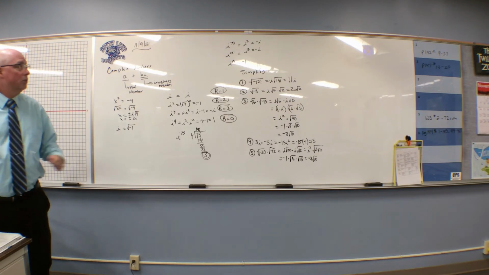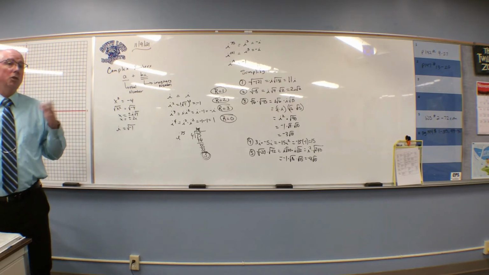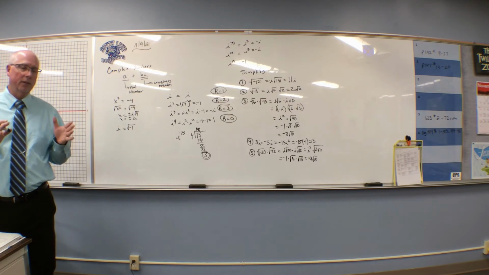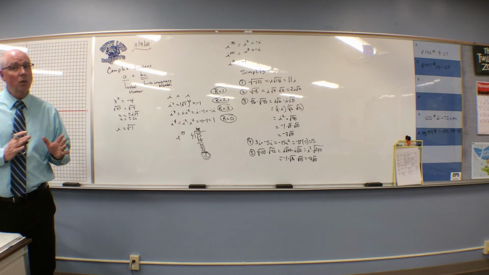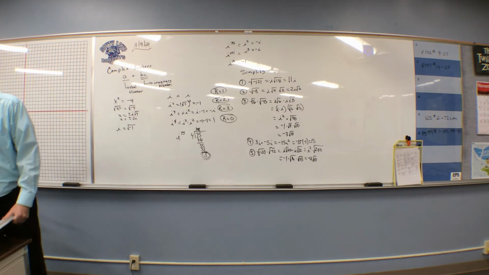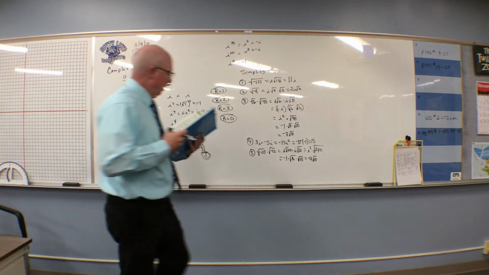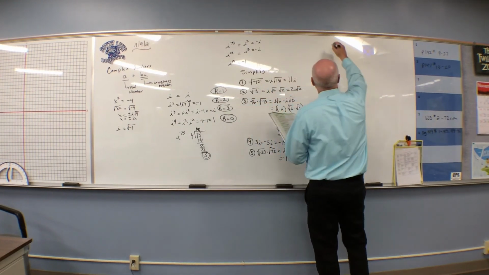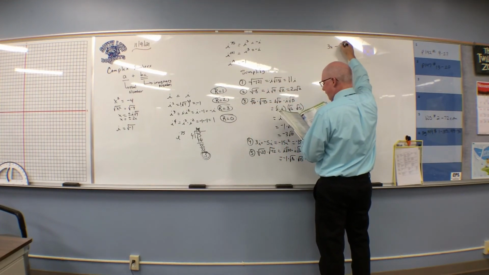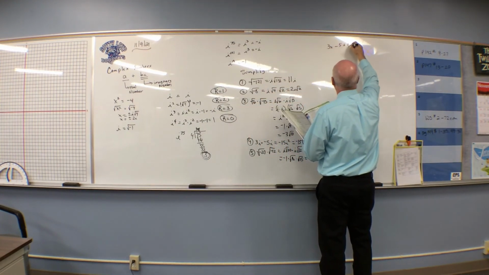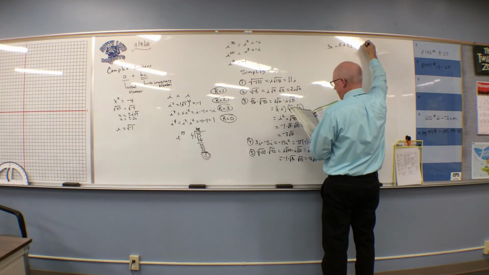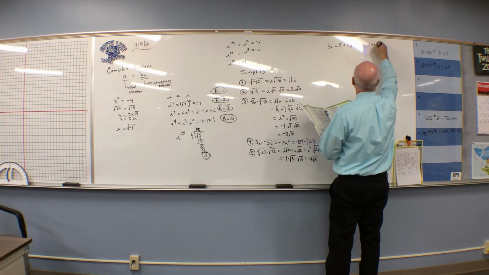Okay, complex numbers. Listen very carefully: if two complex numbers are equal, then their reals are equal and their imaginaries are equal. Let me give you an example. Let's say we have 3x minus 5 plus quantity y minus 3 i equals 7 plus 6i.